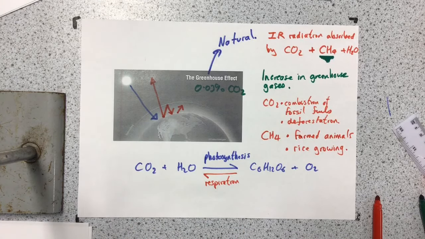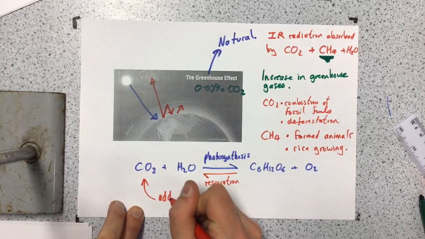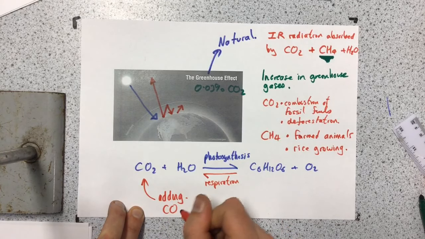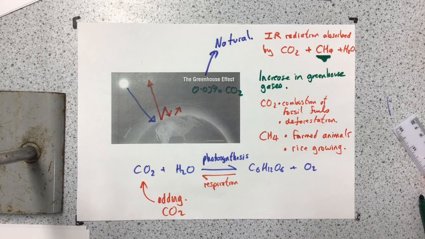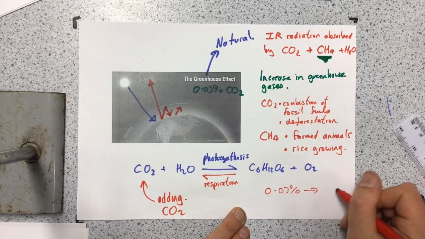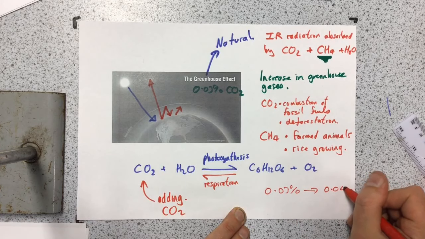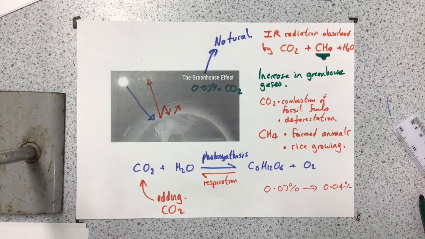But what has happened is we have started adding more CO2 from the combustion of fossil fuels and deforestation. We don't actually add carbon dioxide by deforestation, we just slow down how fast we can take it back out of the atmosphere. Okay, so carbon dioxide percentages have gone up from 0.03% to almost 0.04%. All right, so we've got a much higher percentage of greenhouse gases in the atmosphere absorbing that radiation.